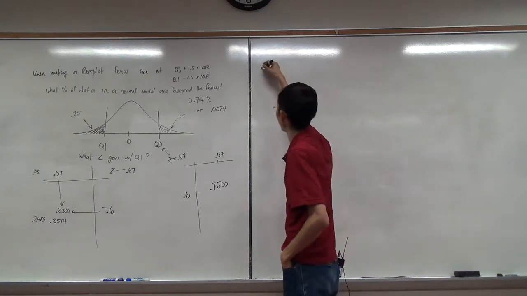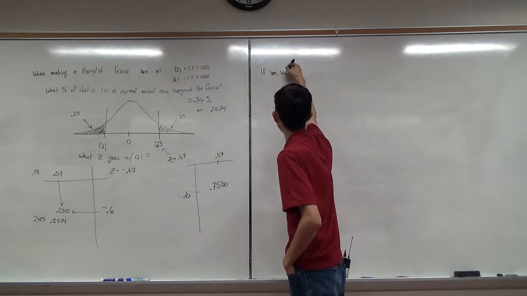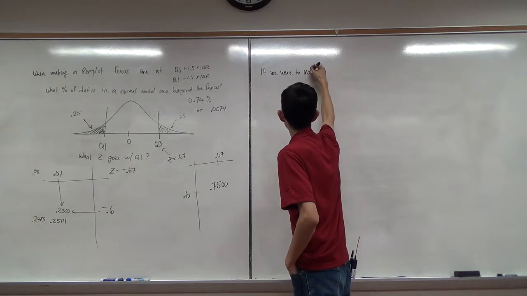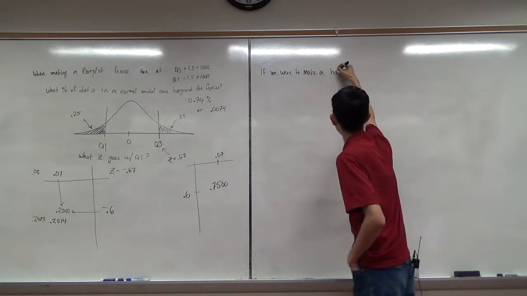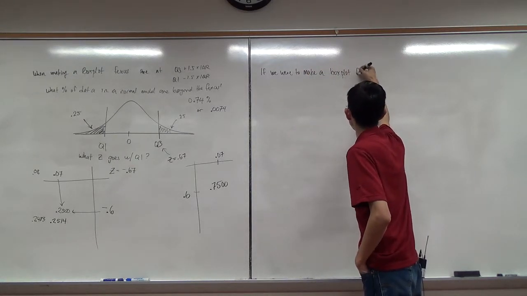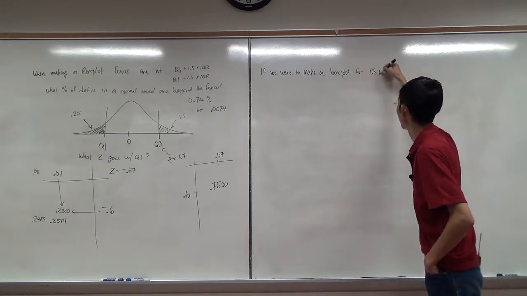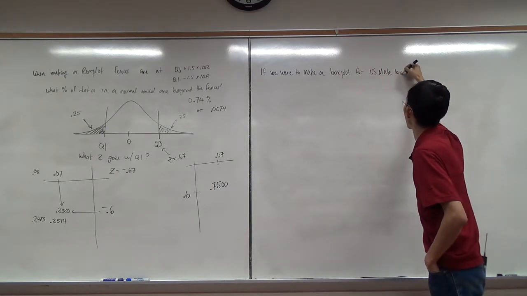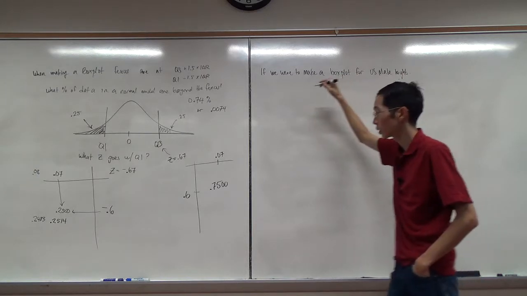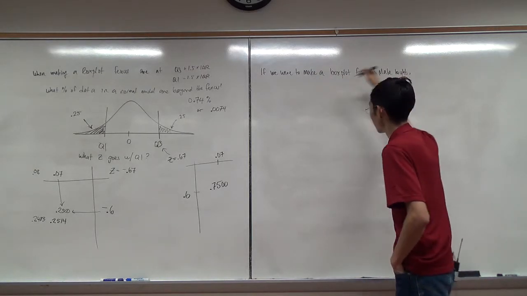If we were to make a box plot for US male height, where would the upper and lower fences be?